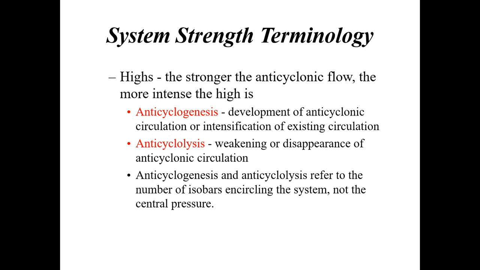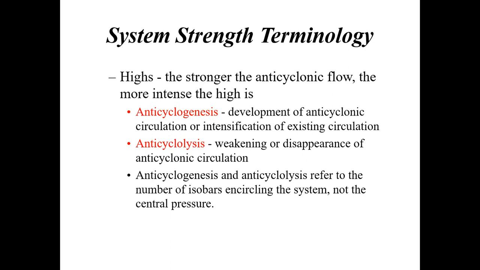Now there are 2 terms we use associated with high pressure systems, and these are known as anticyclogenesis and anticyclolysis. Anticyclogenesis is the development of anticyclonic circulation or the intensification of existing circulation. Anticyclolysis is the weakening or disappearance of anticyclonic circulation.